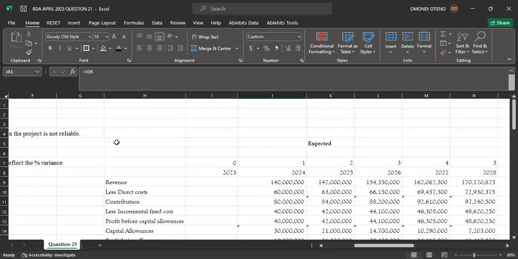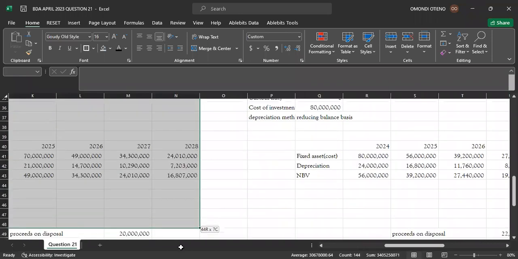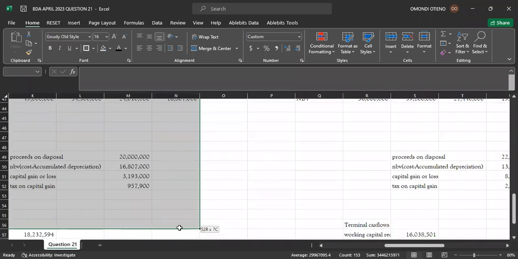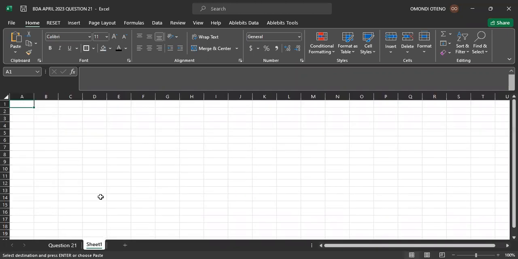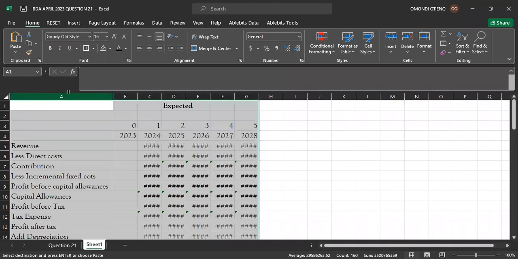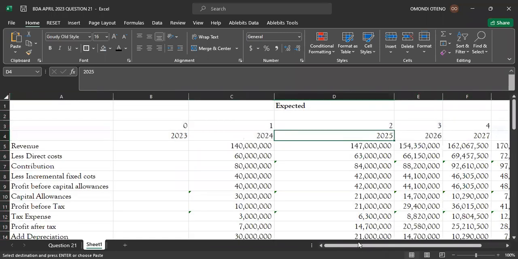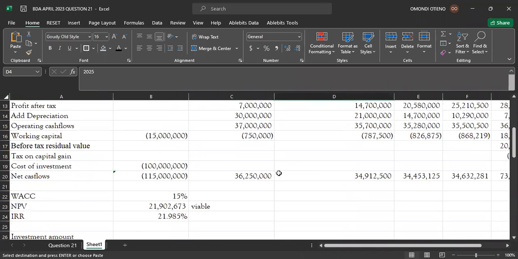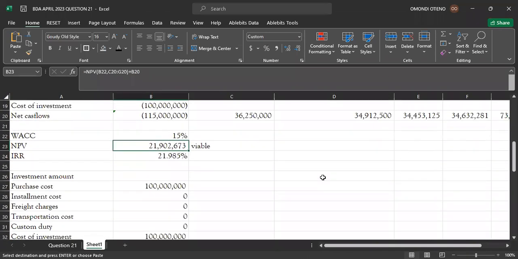You just come here, highlight this part to the very last point, Control C. If I go to even a new worksheet here, then I say Control V. I just expand my cells, and I will see everything displayed. The formula, nothing has changed. Look at my NPV, nothing has changed.